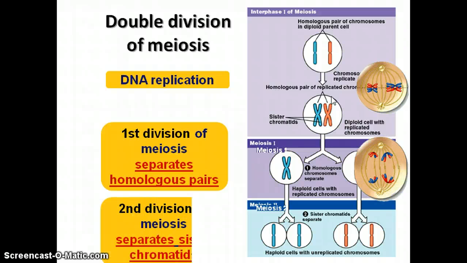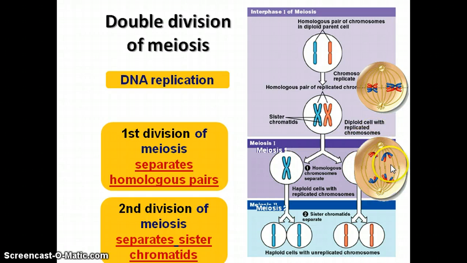An easy way to separate the two types of division: after DNA replication, we have our first division of meiosis, and the purpose of this first division is to separate the homologous pairs. Remember, these two are homologous pairs. In our first division, the main goal is to separate one homologous chromosome into one cell and the other homologous chromosome into the other cell.